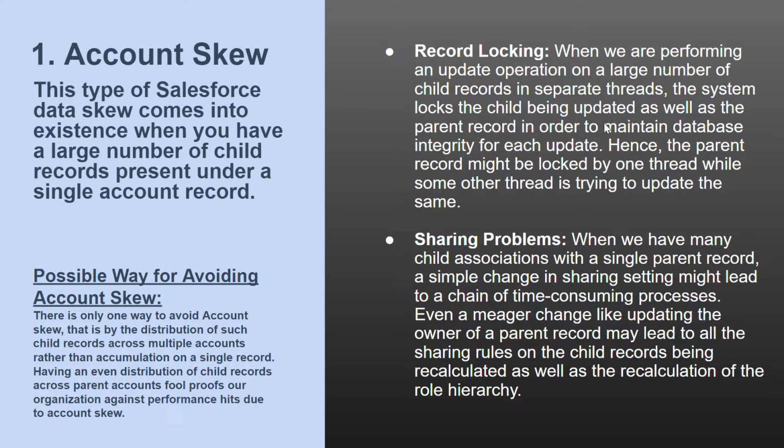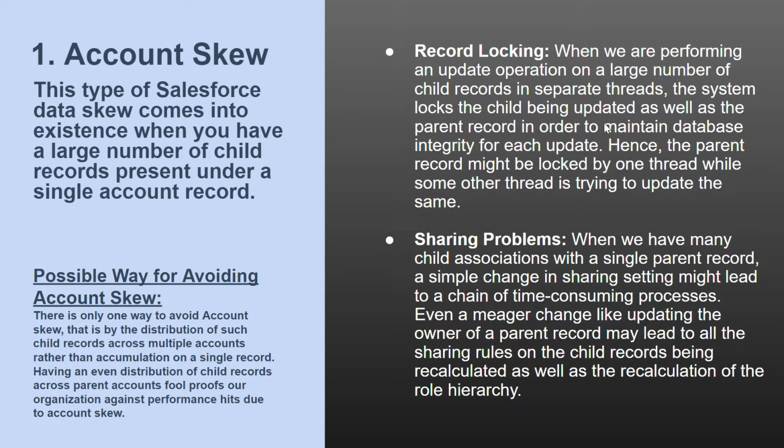So if we are updating 5 contacts at a time, then those 5 contacts are related to a single account record. If that account record is locked when contact 1 is updating and contact 2 is also trying to update the same account record, the record locking issue will occur.